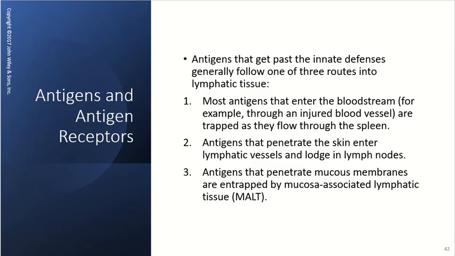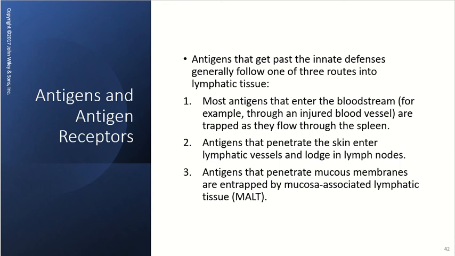The antigens that are able to get past innate defenses are generally going to follow one of three routes into the lymphatic tissue. Most antigens that enter the bloodstream, for example, through injured blood vessels, are going to be trapped as they flow through the spleen.